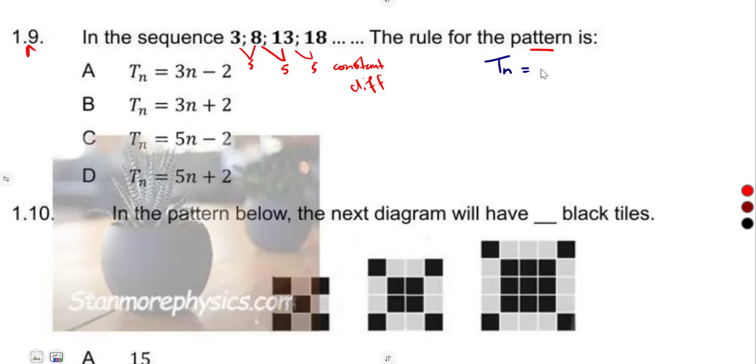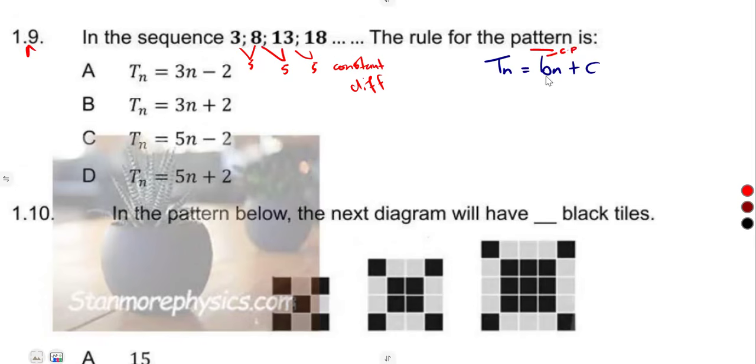Here, you're going to write it the way that you want: dn plus c, bn plus c, an plus c, as long as you understand that the coefficient of n is our constant difference.